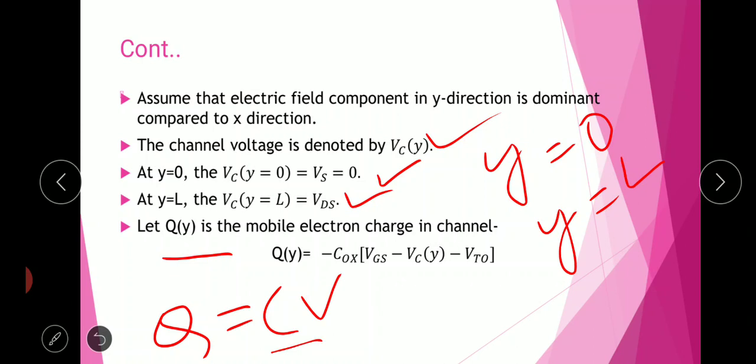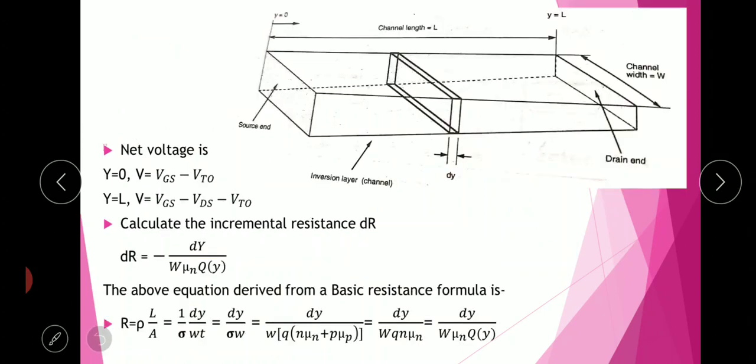The dielectric is the oxide between the gate and substrate, so that is Cox, the capacitance of oxide. Then these terms are the net voltage, or actual voltage, which is responsible for the electron charge in the channel, and the minus sign is given because of the charge of the electron. As we know the charge of an electron is negative, so minus is given.